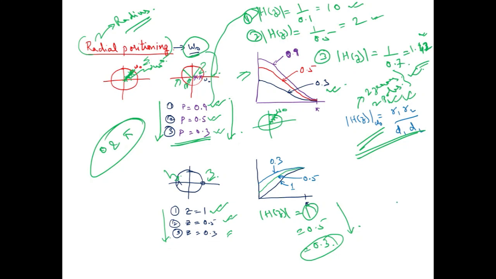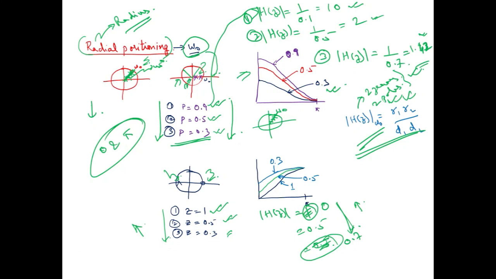Okay, so if you combine these two, this one would be 0, and this is 0.7, the distance between them. So in the case of poles, the amplitude is decreasing, and in the case of zeros, the amplitude is increasing.